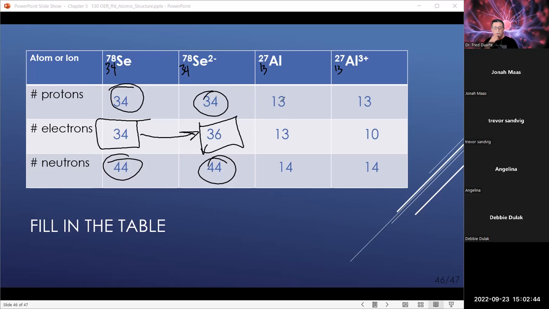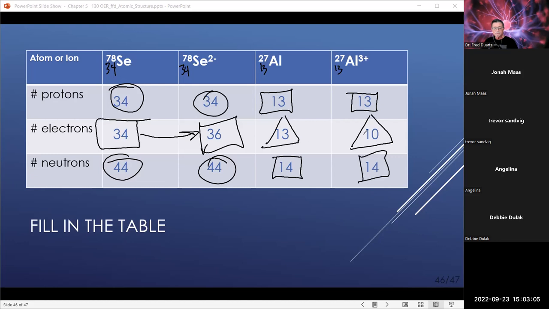Same is true for the aluminum, which has 13 protons, either as an atom or as an ion, okay? They're going to have the same number of neutrons before and after, and where they differ is the number of electrons. So it lost 3 electrons, and now it has 10 electrons when it is an ion.